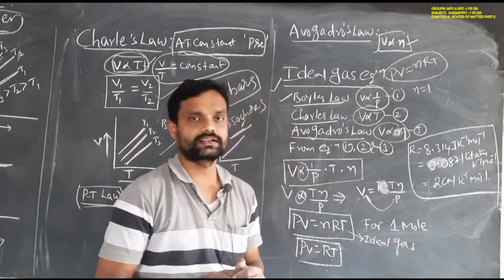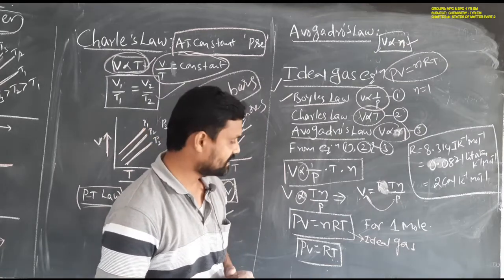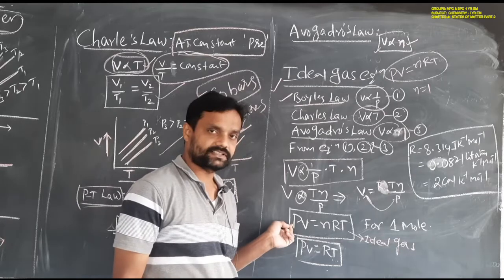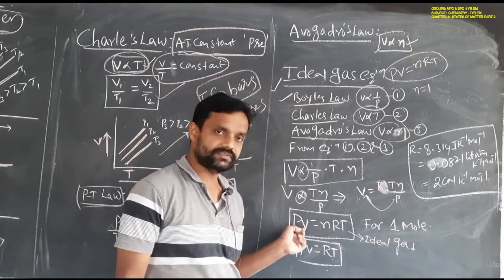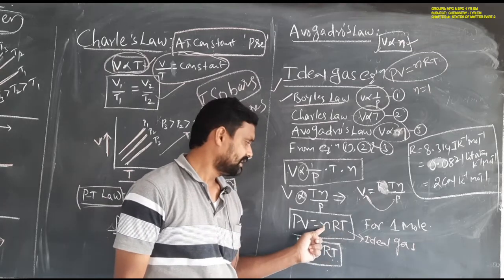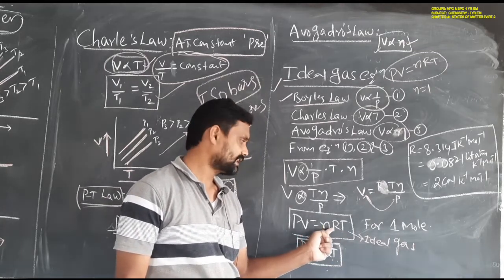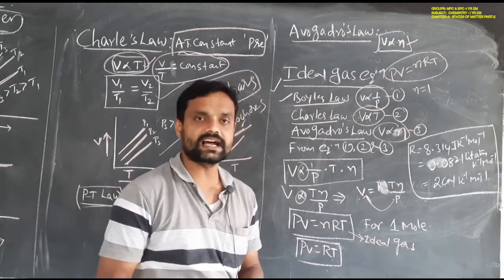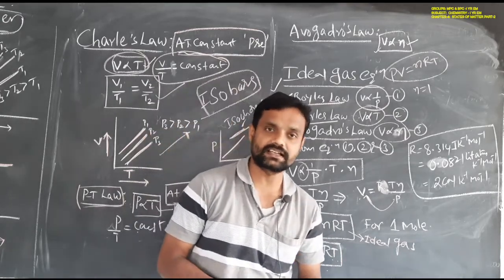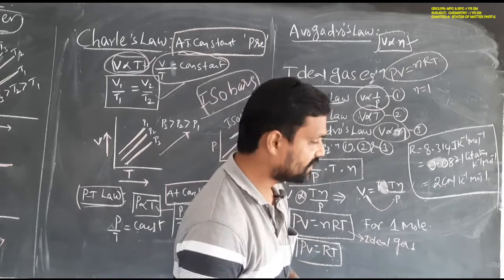Simple derivation. In the equation PV equals nRT, P is the pressure of the gas, V is the volume of the gas, T is the absolute temperature, n is the number of moles, and capital R is the universal gas constant. It has a constant value.